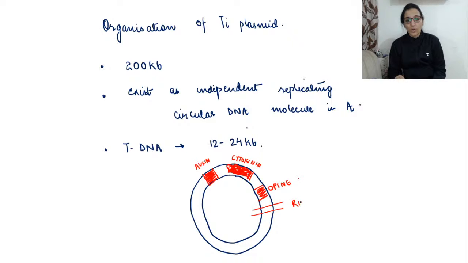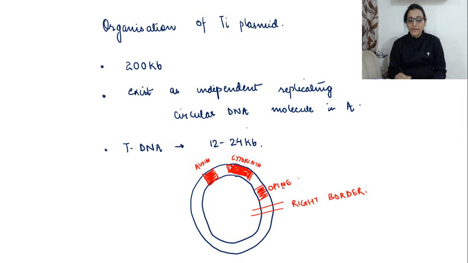This is the right border from where it will be cut. So this is the right border and this is the left border. This is a 24 base pair repeat and this is also a 24 base pair repeat.